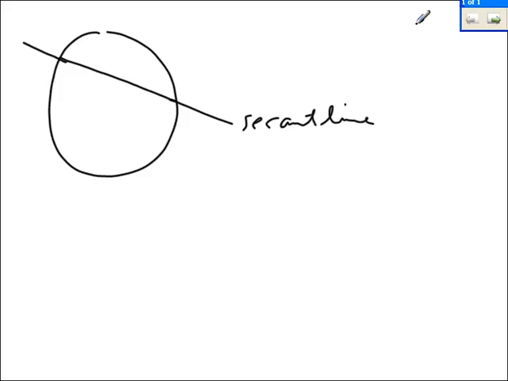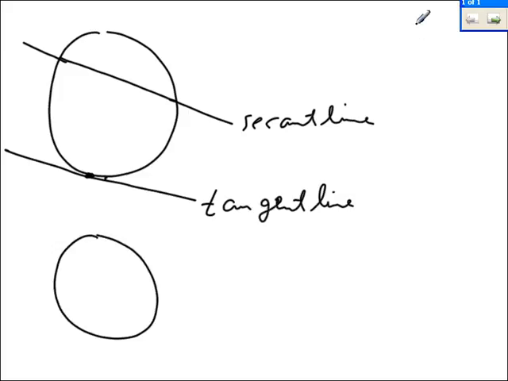A tangent line, on the other hand, just touches the circle in 1 point. This is a tangent line. It touches the circle in 1 point. You have your circle, a line, touches it in 1 point.